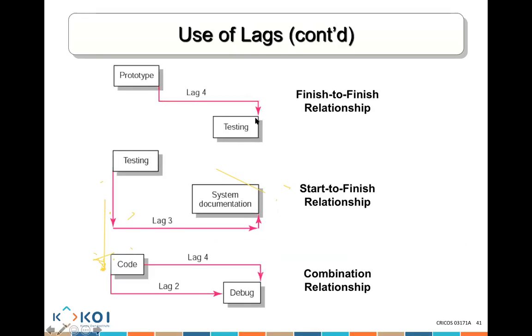This is another example. Activity testing cannot finish, you see how it's finished here, until 4 days after activity prototype has finished. Here, system documentation cannot finish, this is a finish, until 3 days after activity testing has started.